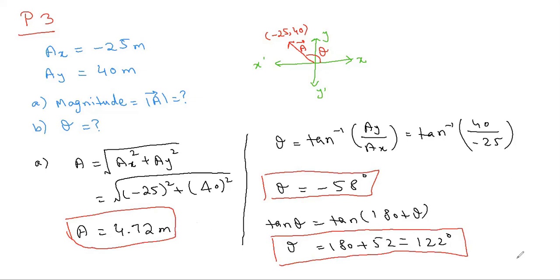And now we'll do problem number 8. So let's see what we are given in the question. This problem states that a person walks in the following pattern.